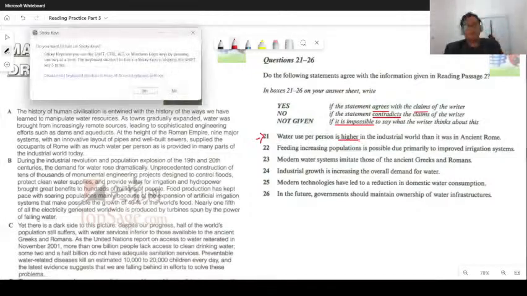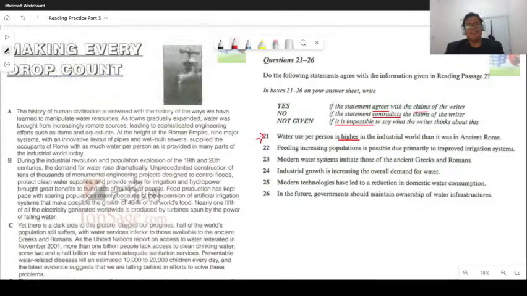So the next step after you have read the question, and you don't really need to understand it comprehensively, but basically make sure you read it first and have a general idea of what the statement is saying. After that, you highlight the keywords.